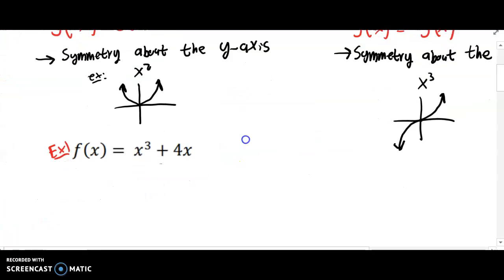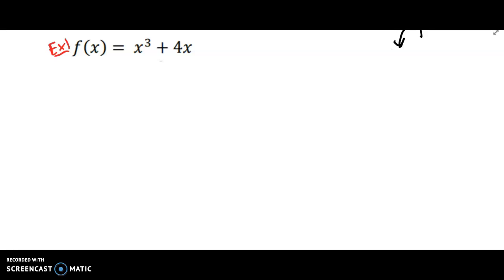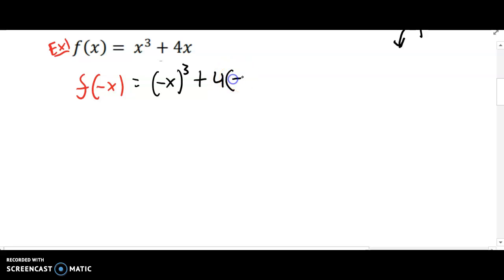Okay, let's dive into our first example here. For all of these, we want to determine whether it's even or odd and provide an explanation. So we're going to plug in negative x for all of these first. So now it's negative x cubed plus 4 times negative x.